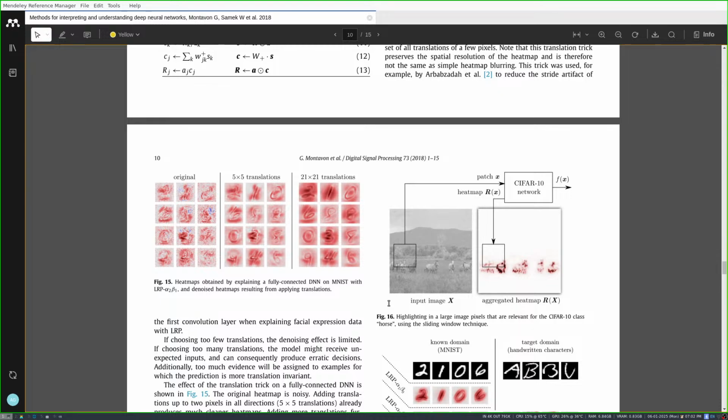Heat maps obtained by explaining a fully connected deep neural network on MNIST. Highlighting in a large image the pixels that are relevant for classification.